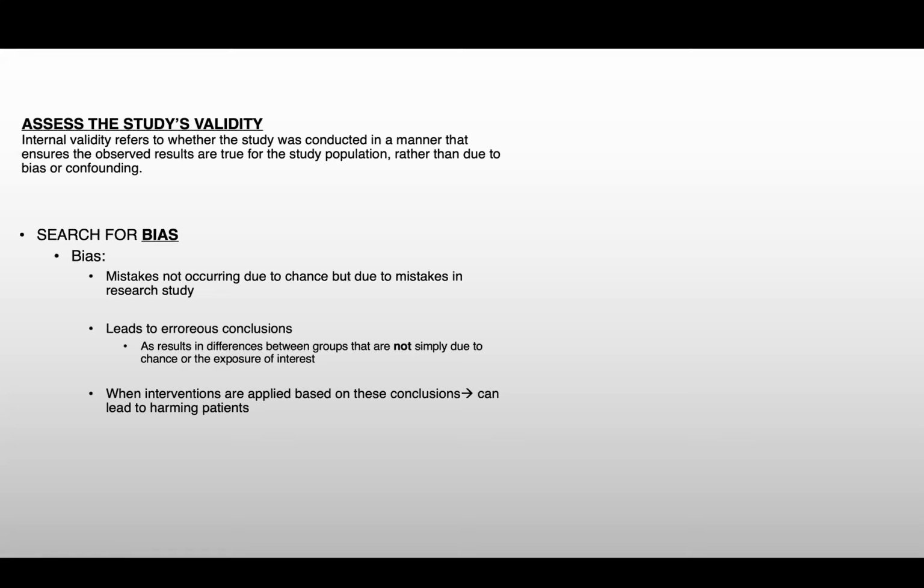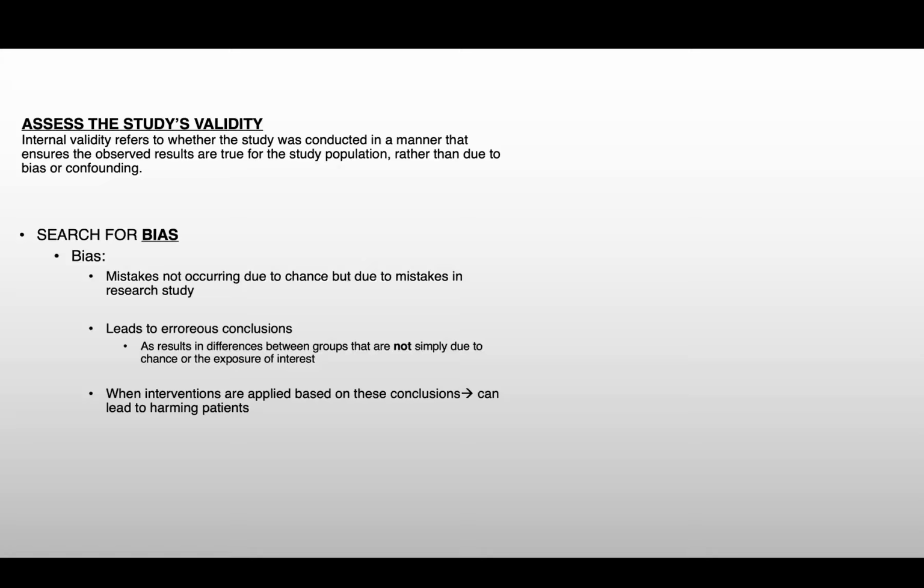The next important step of your appraisal is to search for bias. So what is bias? Biases are mistakes not occurring due to chance, but due to mistakes in the research study. They lead to erroneous conclusions, as they result in differences between groups that are not simply due to chance or the exposure of interest.